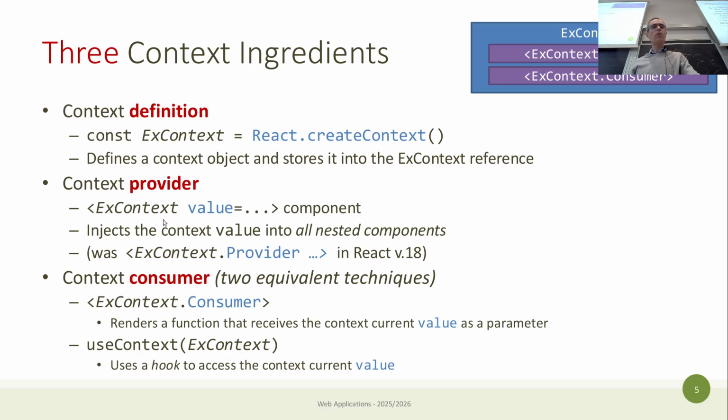The context provider is the way in which we use it. It's actually a React component that doesn't render into the DOM, like many other components such as the fragment. It's just in the virtual DOM tree and tells React that everything below the component gets access to the information about the context.